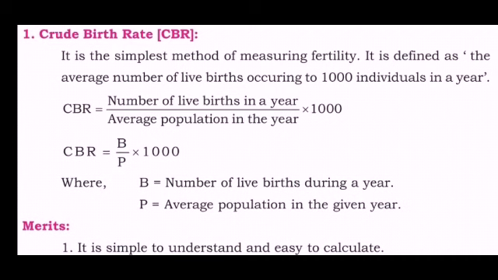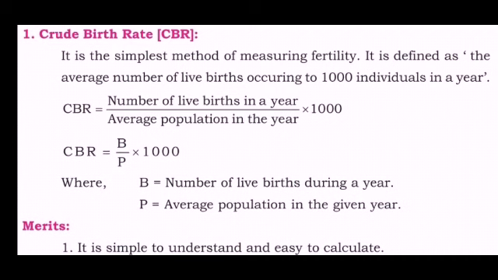So we add both and we take the average of these two populations as the average population in the year. And remember one thing, in simple calculations for 2 marks, they will directly give the average population, and if they give two separate populations at the beginning and at the end, then take the average of both. If they don't mention anything, then consider it as the average population and calculate the crude birth rate.